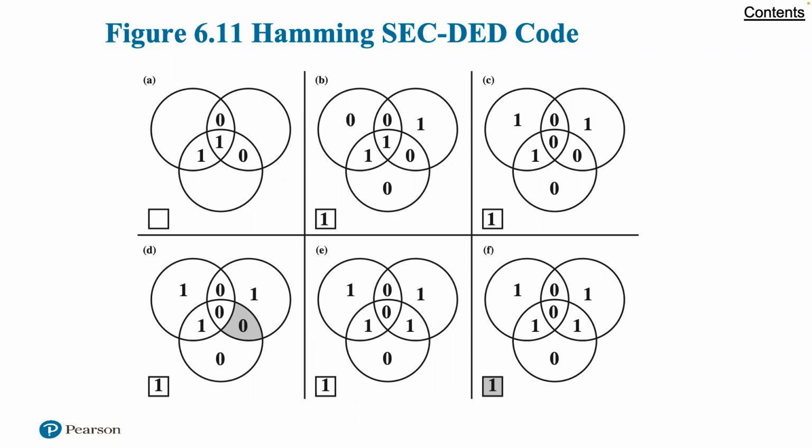To overcome the problem, an 8th bit is added that is set so that the total number of 1s in the diagram is even. The extra parity bit catches the error F. So I'm going to read that again.